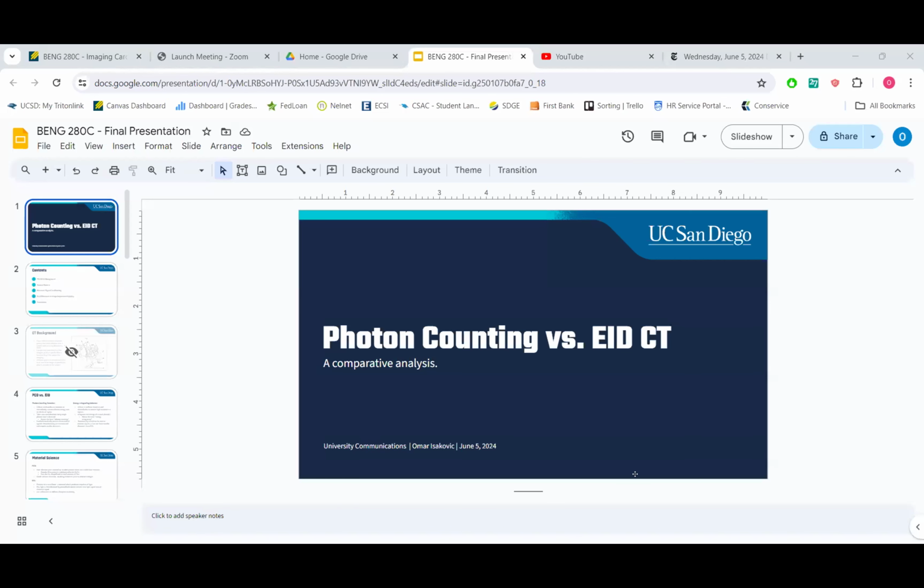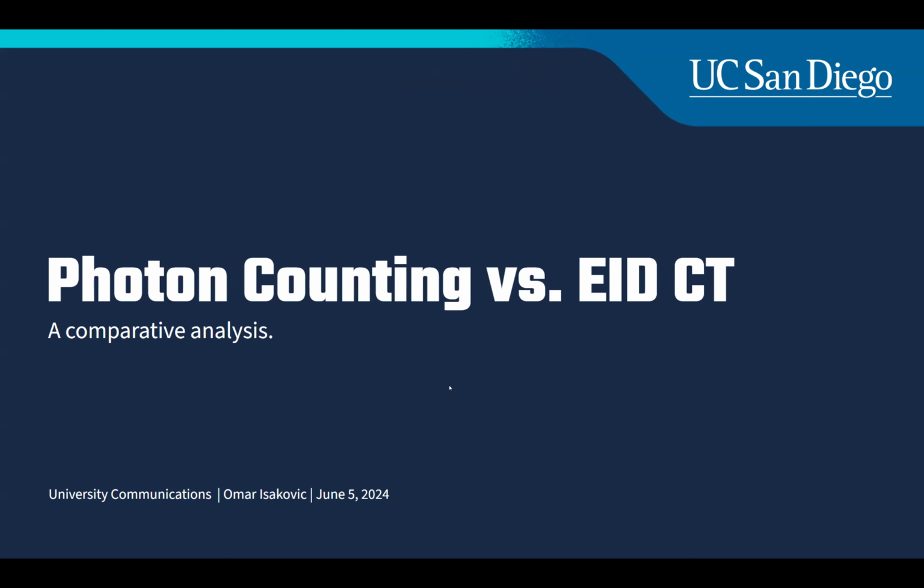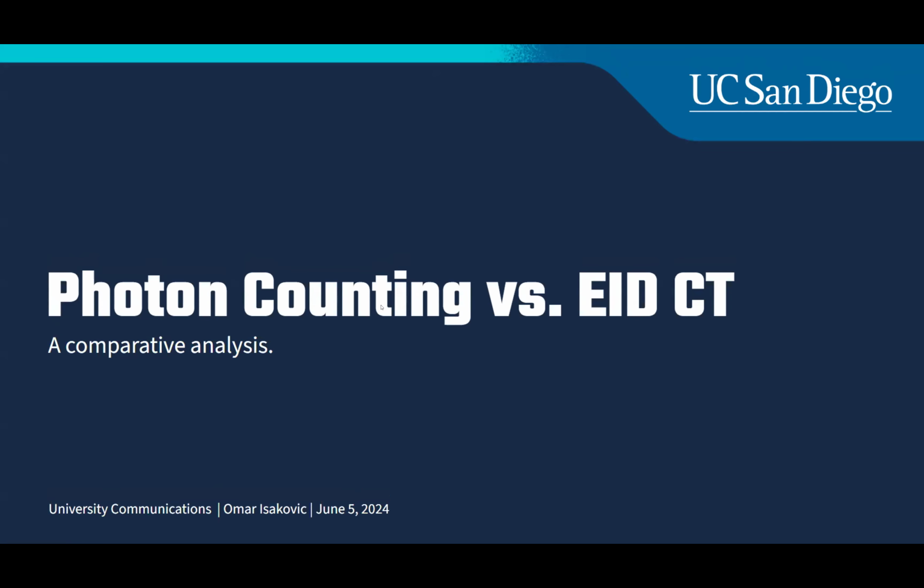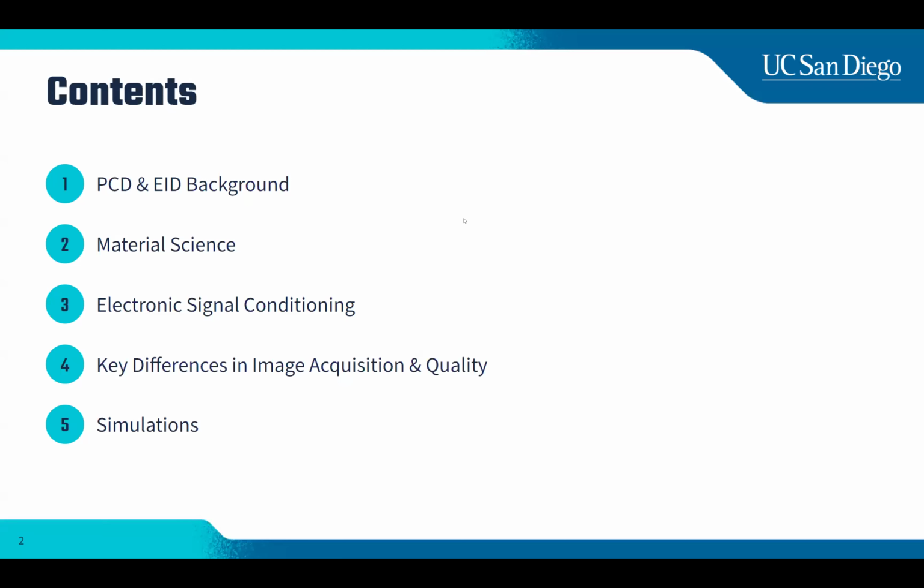All right. Hello, everyone. In a case of deja vu, I will also be doing photon counting versus energy integrating detectors, a comparative analysis of both X-ray techniques. My name is Omar. I'm going to start my talk with a basic outline of what I'll be covering. First, I'll go into some very basic PCD and EID basics, but we've already learned a lot from Michael's very good presentation earlier.